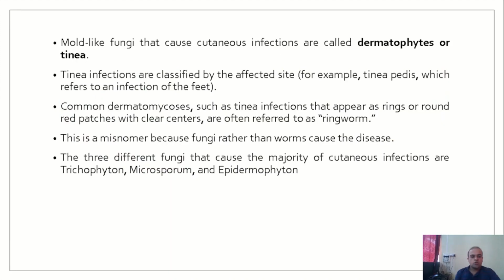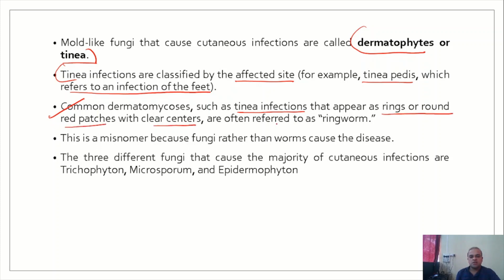Mold-like fungi which cause cutaneous infection are called dermatophytes or tinea. Tinea infections are classified by the affected site, for example tinea pedis, which refers to infection of the feet. The common dermatomycosis such as tinea infection that appear as rings or round red patches with a clear center are often referred to as ringworm.